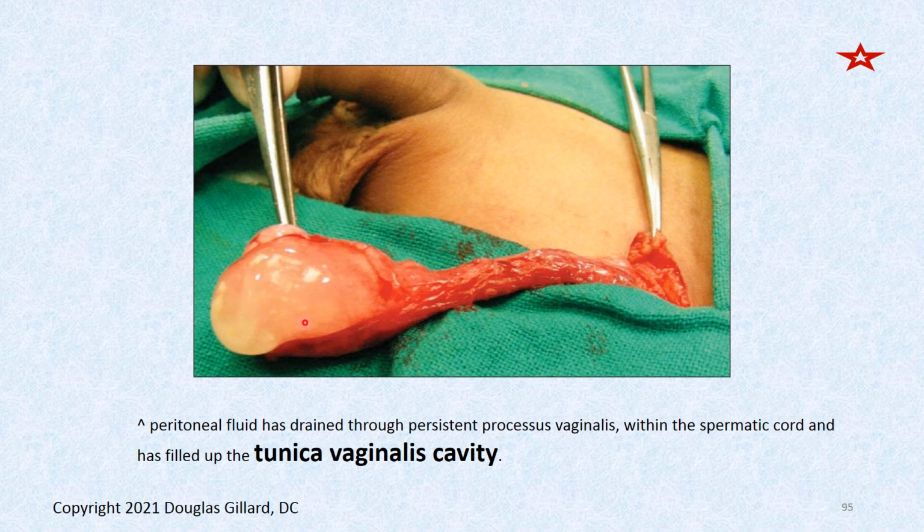Whereas the testes, remember the tunica vaginalis cavity and membranes stick on the lateral and anterior side, so the testes is behind this. This must be the anterior side or one of the lateral sides. So the testes is underneath here and beside there.